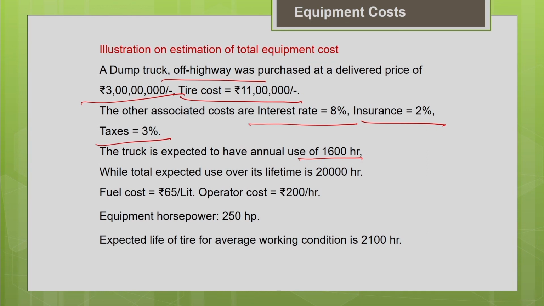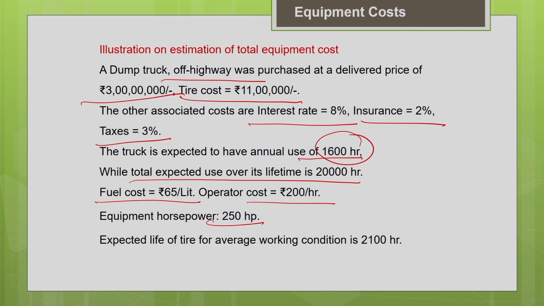It depends upon how many hours it operates every day and how many days it operates in a particular year; according to that, you can calculate these 1600 hours. Similarly, throughout its entire useful lifetime, the usage is 20,000 hours. The local cost of fuel in that particular place is 65 rupees per litre, the operator wages are 200 rupees per hour, and the horsepower of the engine is 250.